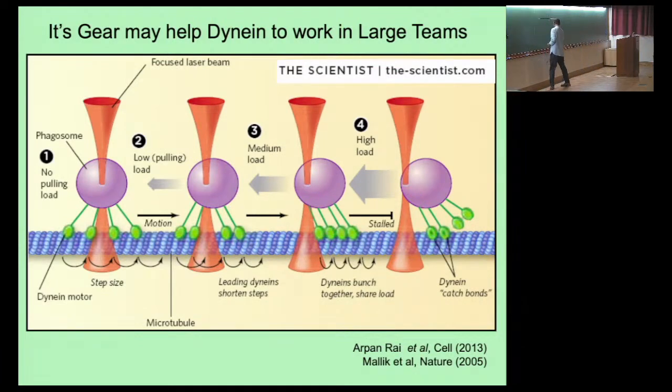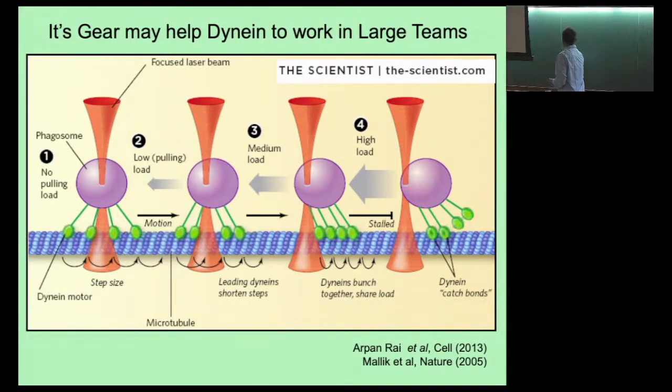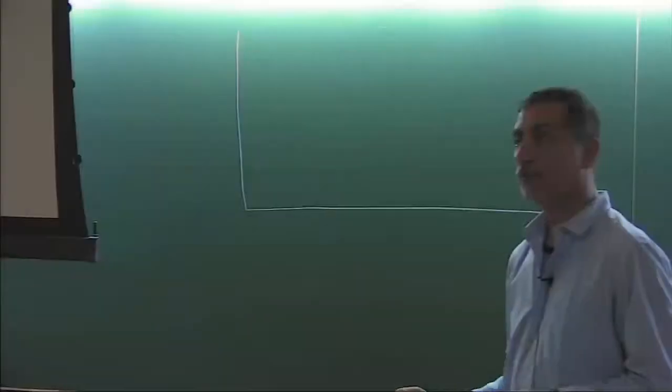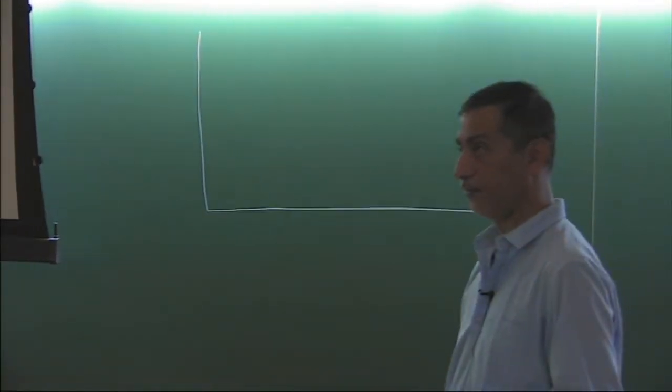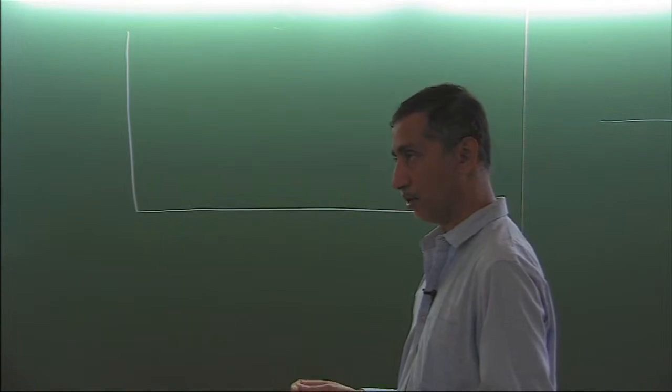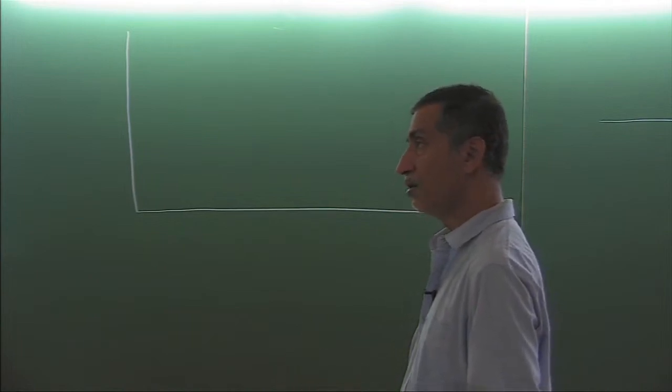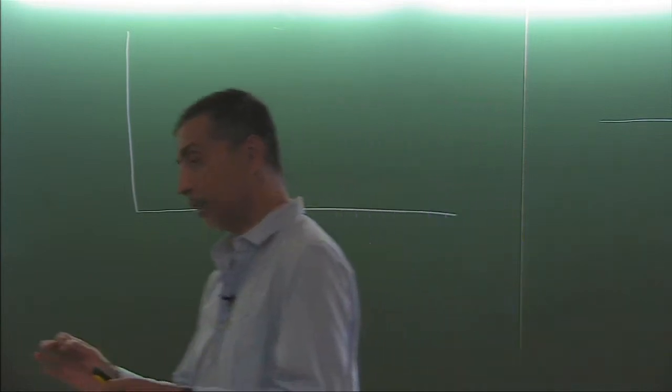Okay, so what we measured in that paper, I forgot the slide, is something called the force velocity curve for these motors. The force velocity curve is where you have this optical trap data and you measure this. You can do it in different ways; I'm telling you how we did it. It's a rather crude way, but you measure the slope.